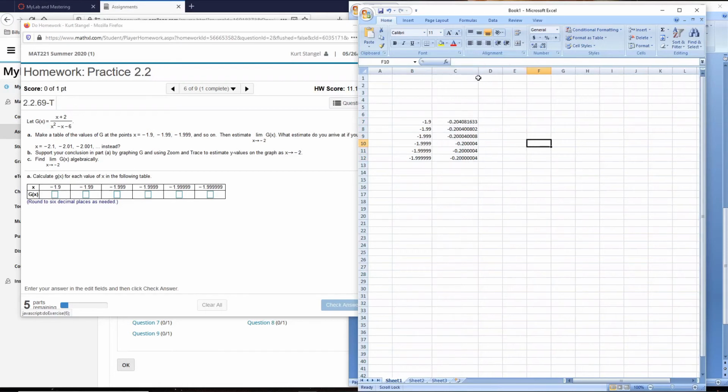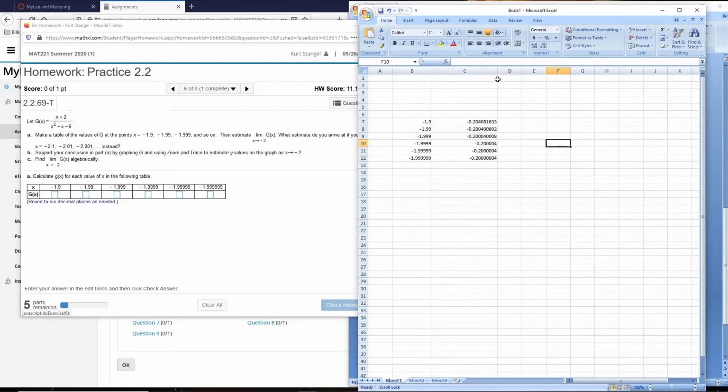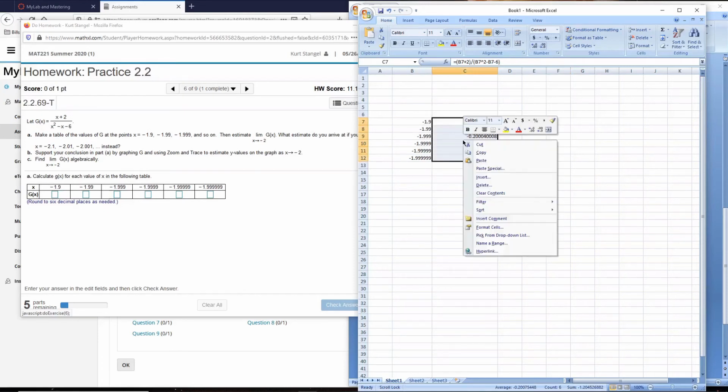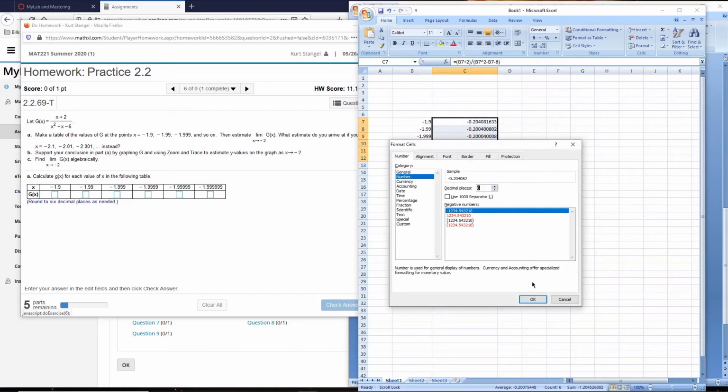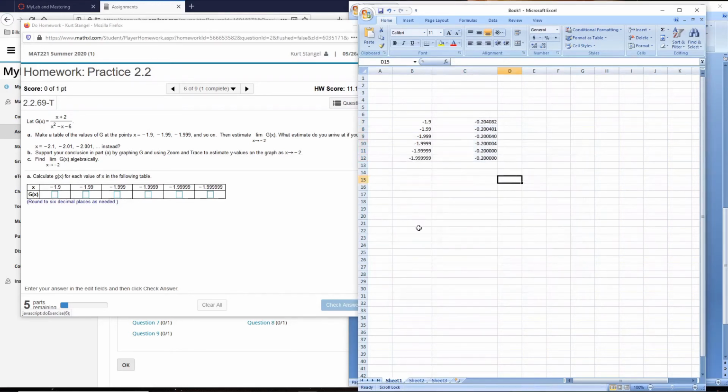And rounding numbers. There we go. And so what do they want here? They want us to round to 6 decimal places as needed. So I suppose I don't know if this might even fall under cheating, but I'm just going to have Excel do it. I'll just have them round it to 6 decimal places.